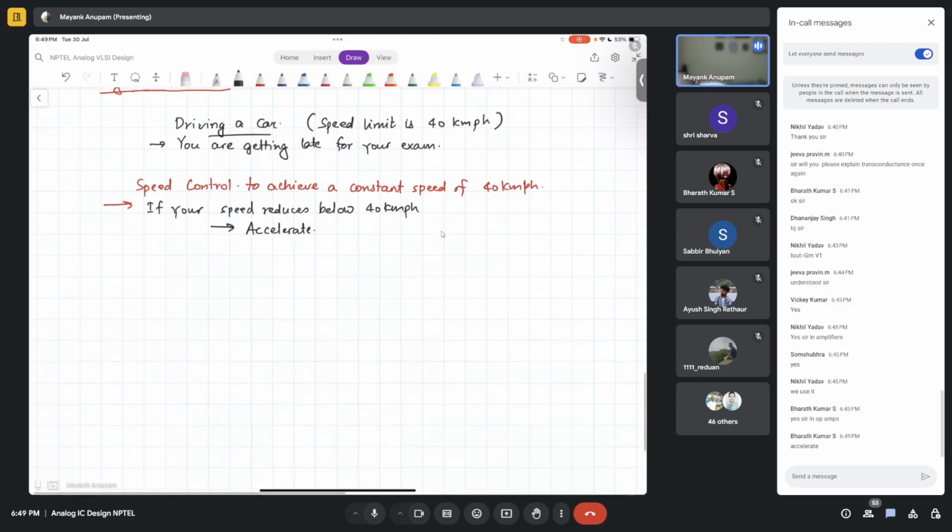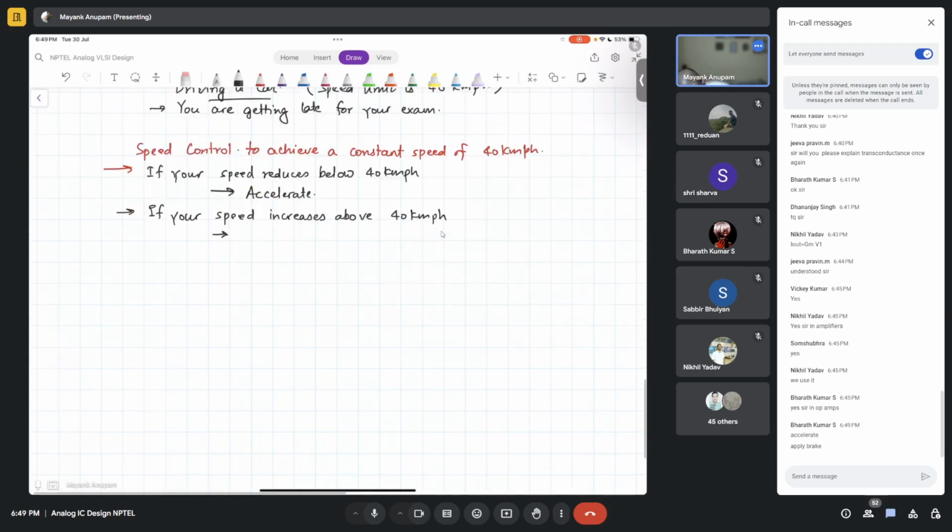Good. Similarly, if your speed overshoots, then what do you do? You decelerate, right?